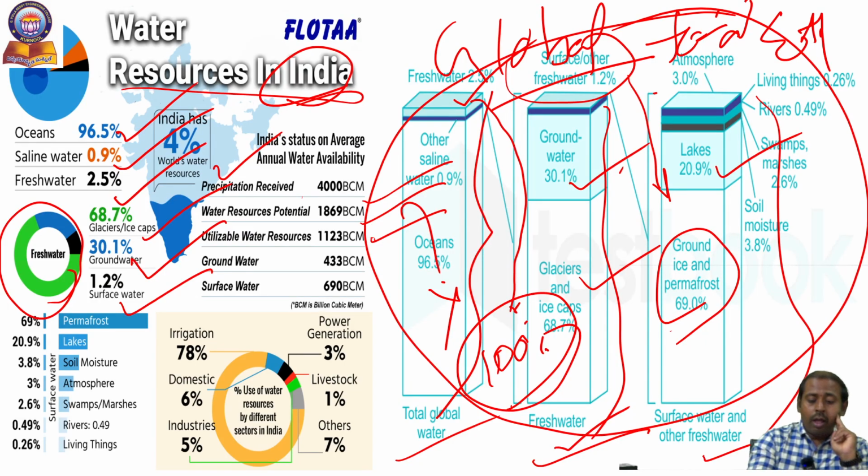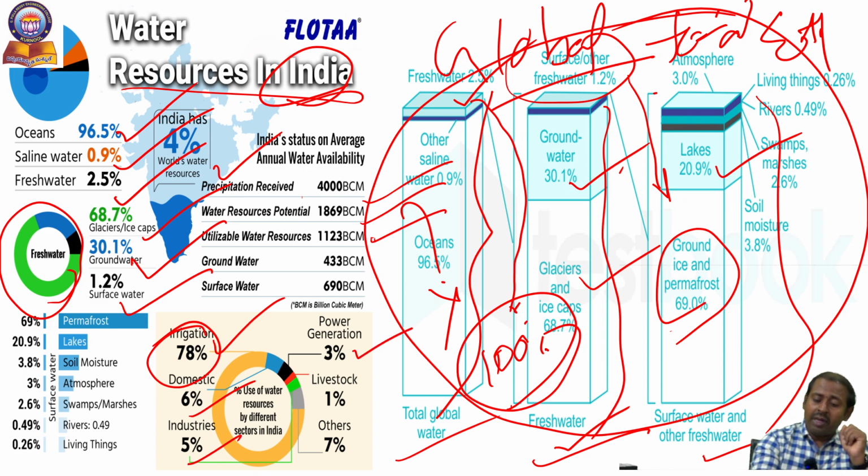So how is the water distributed in India? Out of 100% of water, for irrigation almost 78%, about 80%, is utilized. For domestic purposes 6%, industrial 5%, power generation 3%, livestock 1%, and other 7%.